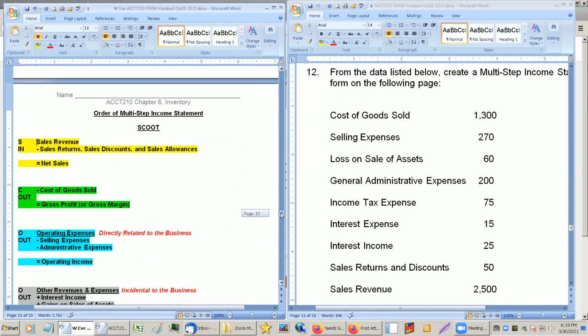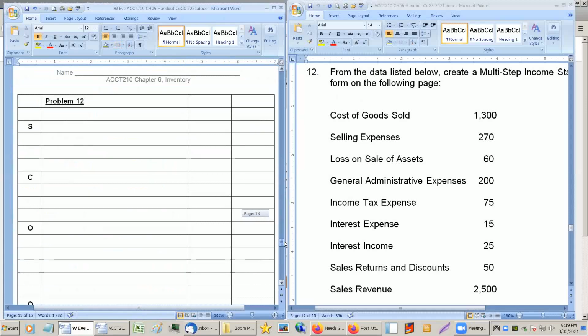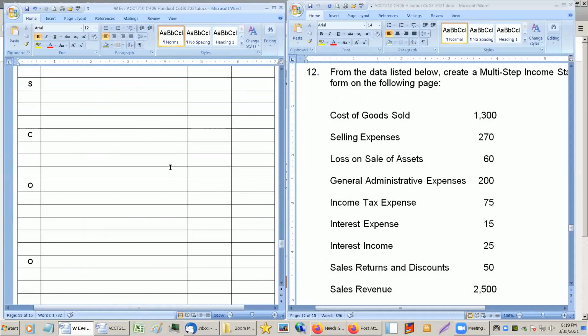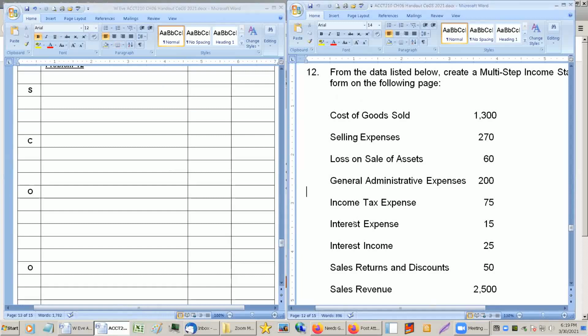So we'll do that first. Okay, so on here we have sales revenue down at the bottom. Oh, I'm using two different word programs. Okay, so here's our sales. So sales revenue, I'm going to put that in here.